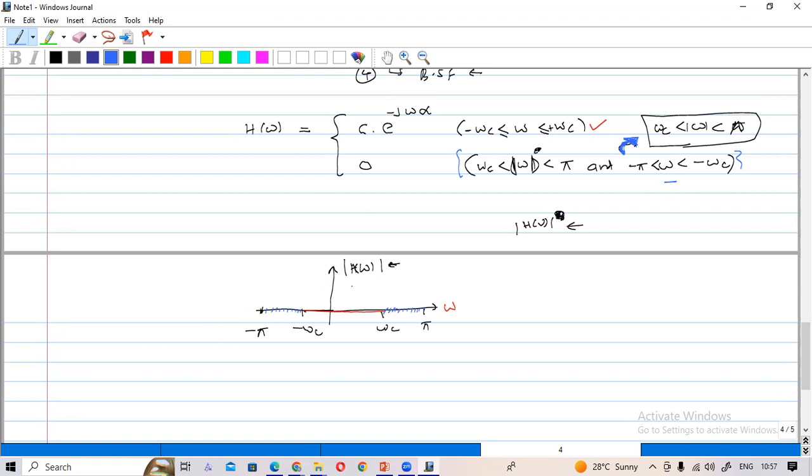So can you draw this within this range? What is the magnitude of h omega in this range? Please tell me.